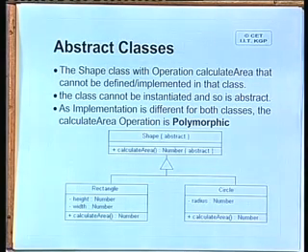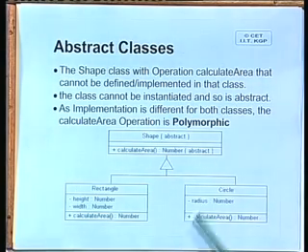There could be 30, 40, 50 kind of shapes, and if you have to put an area button for each one of them, it will be difficult. A better idea would be to give a single button, single area button, but to give it you have to have a superclass.